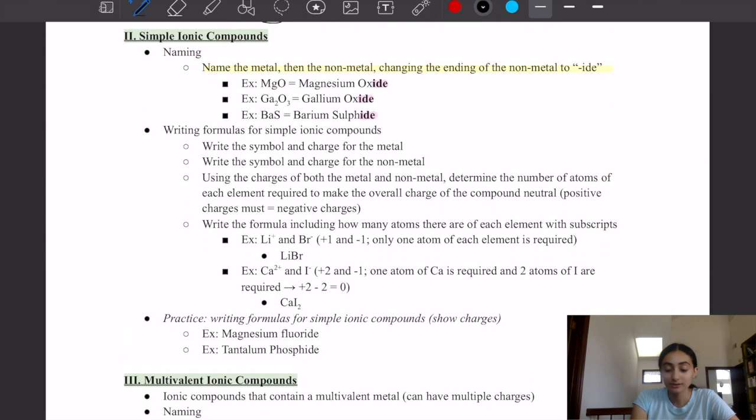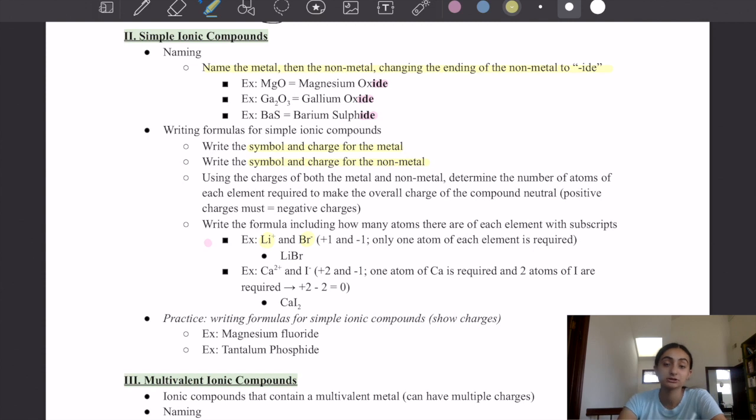Now to write the formulas for simple ionic compounds, also very straightforward. Here's an example of me doing it over here. You are going to write the symbol and the charge for the metal, as I did here with Li+, then the symbol and the charge for the nonmetal, which I did with Br-.